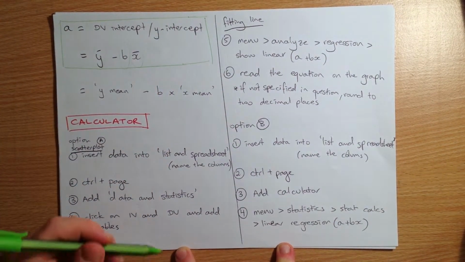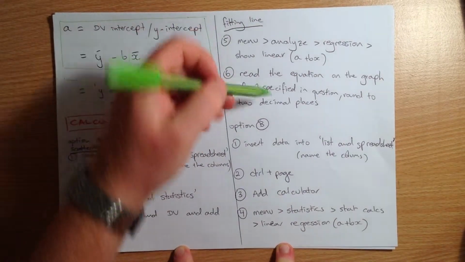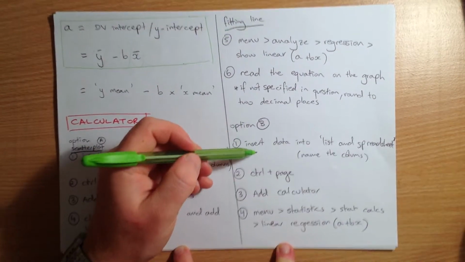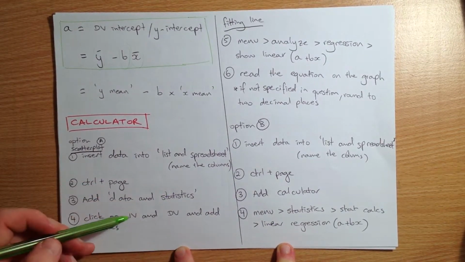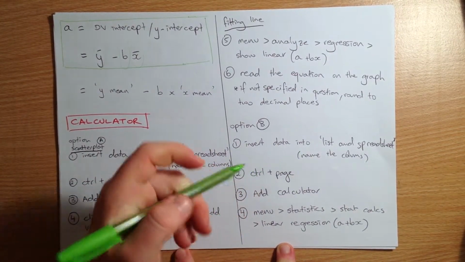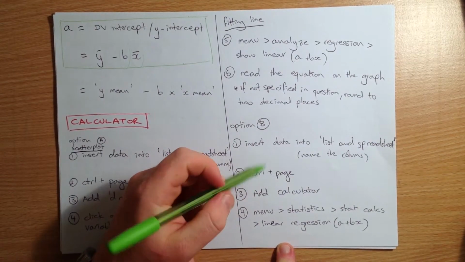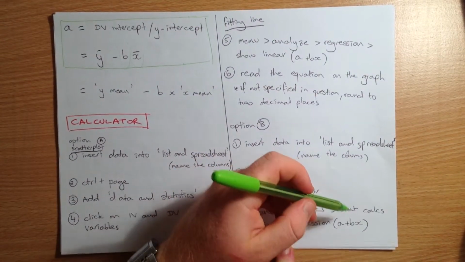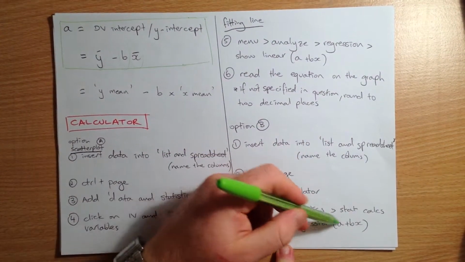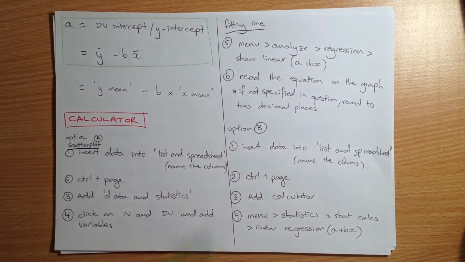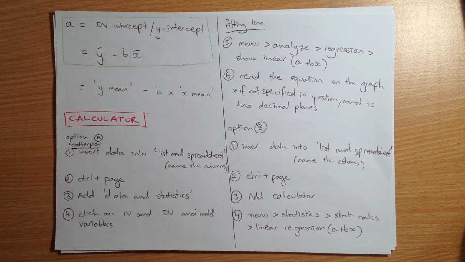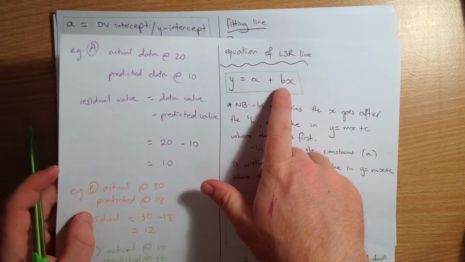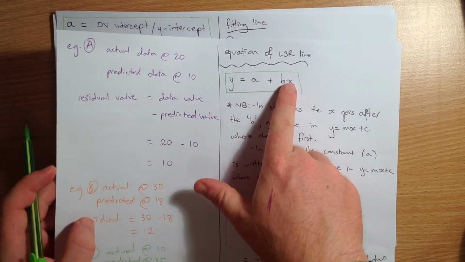The second option, I prefer this option, but the second option is you can put the data into your spreadsheet, and instead of adding a data and statistics page, instead of graphing the scatter plot, you can just add a calculator page and press menu, statistics, stat calculations, linear regression a plus bx, and it will set out for you a list of what the a value is, what the b value is, and you can just fill it in the formula.